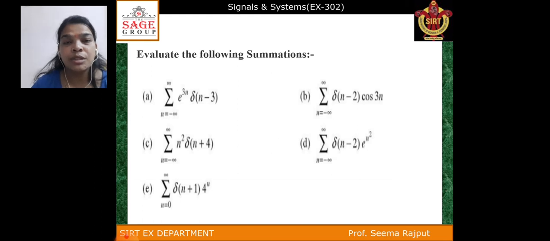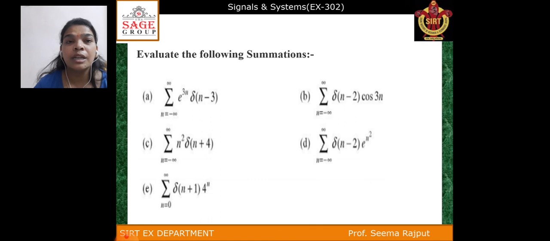In that question we use the function del n plus 4, which equals 1 for n equal to minus 4 and 0 elsewhere. So we generate a new form, n square, and in place of n we put minus 4.